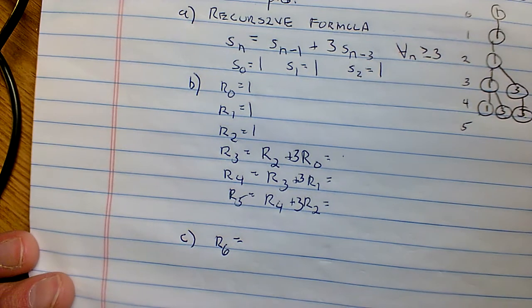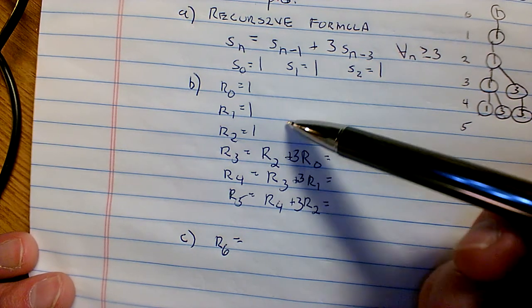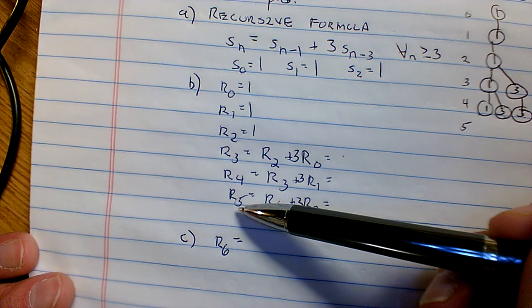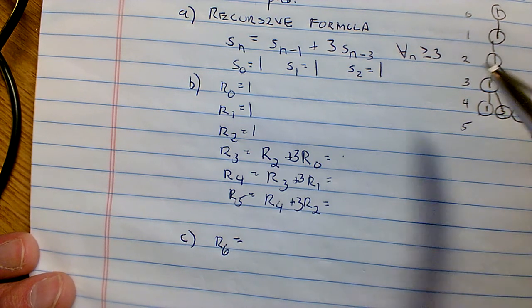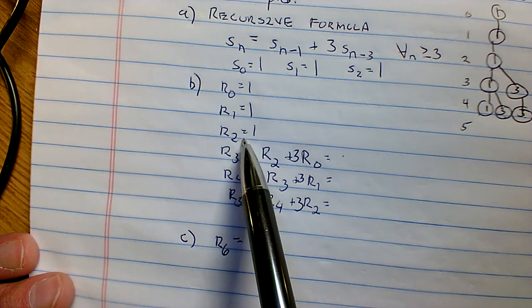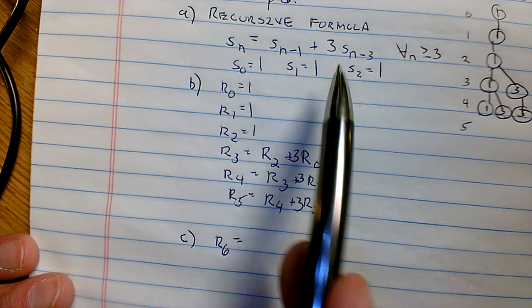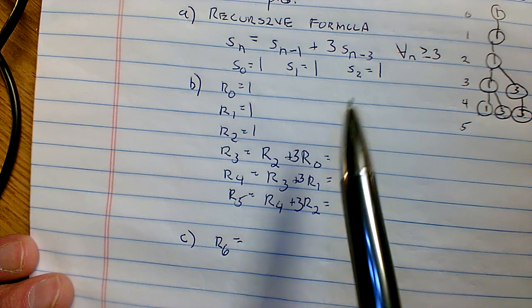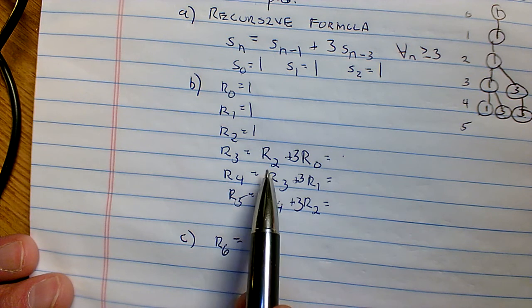Part B asks us to figure out how many rabbits there are in those first months up through month number 5. Well, we know 0 through 2 is pretty easy because those are all the basis cases, or the seeds.